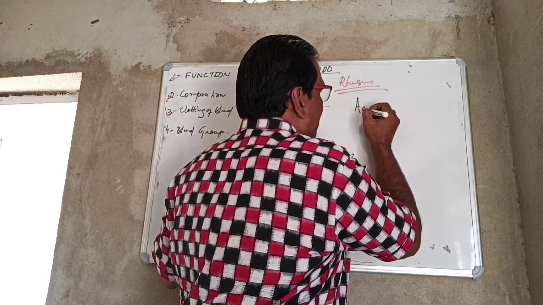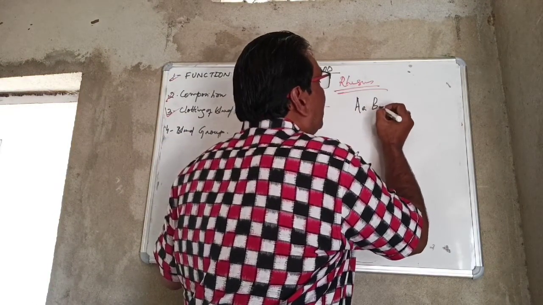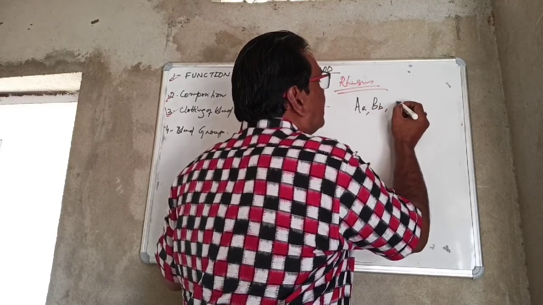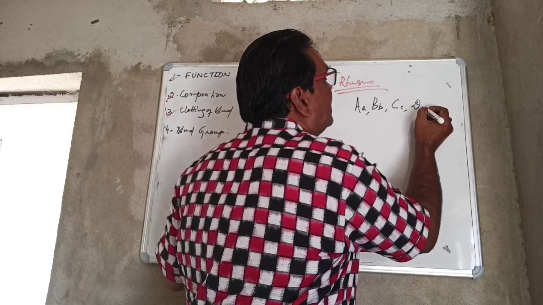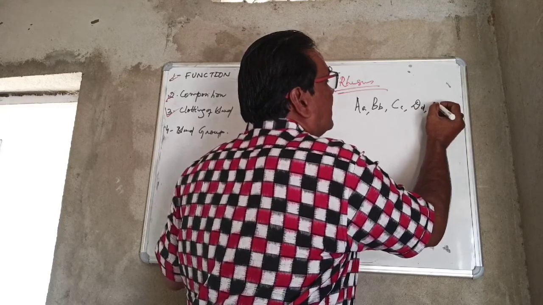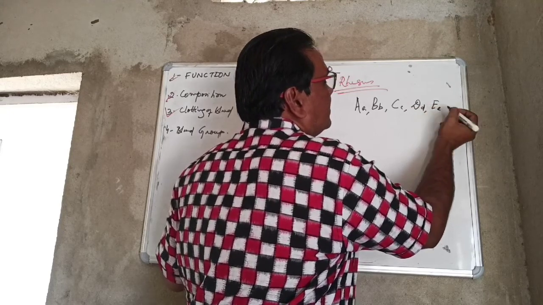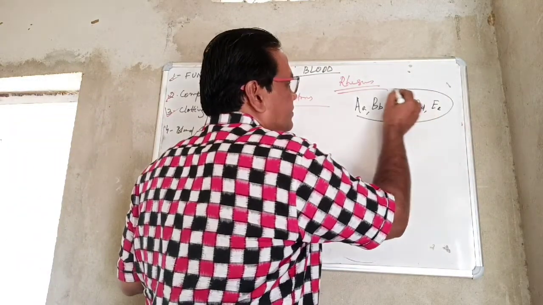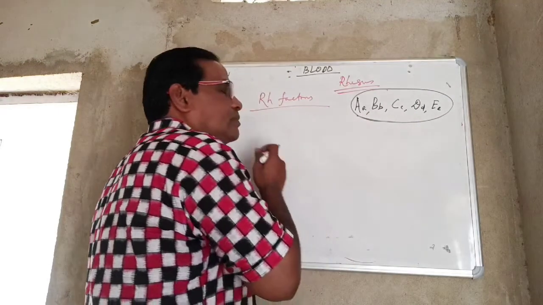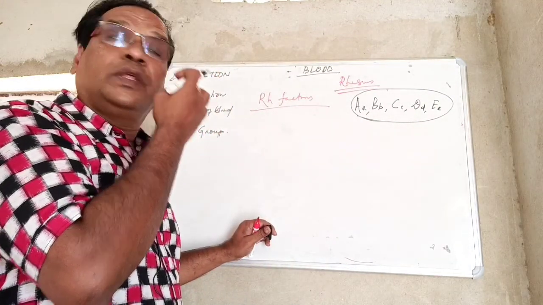A, B, C, D, E. So these five types of proteins are present in blood.